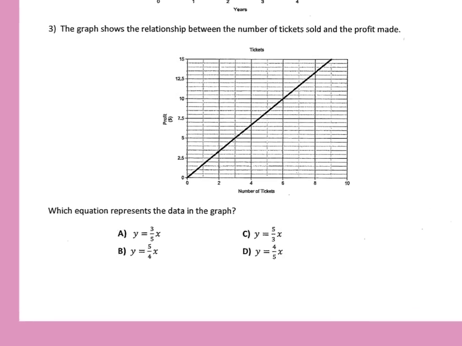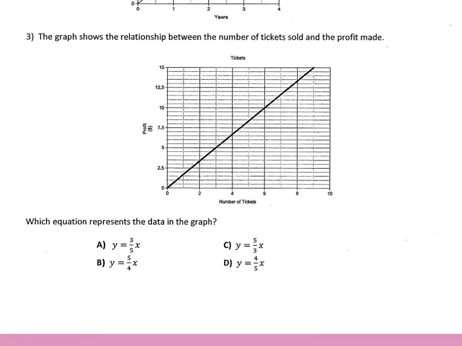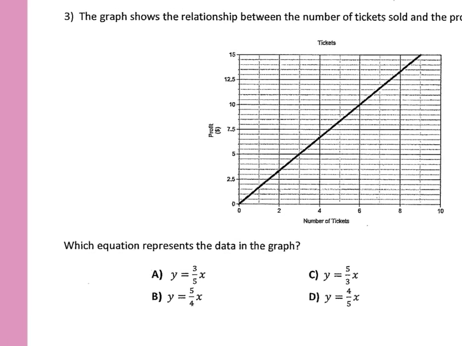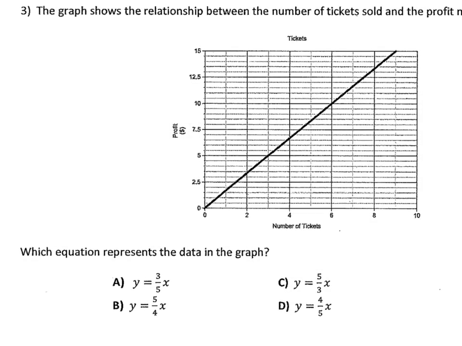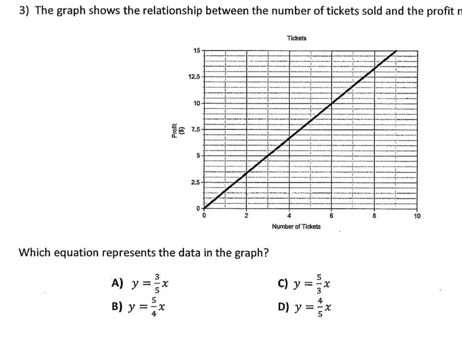Which equation represents the data in the graph? So we're looking for the slope, change in y over change in x. My y value is money. X value is tickets. So find a good point. 10 over 6 is a good point, and I can make another good point like right here.